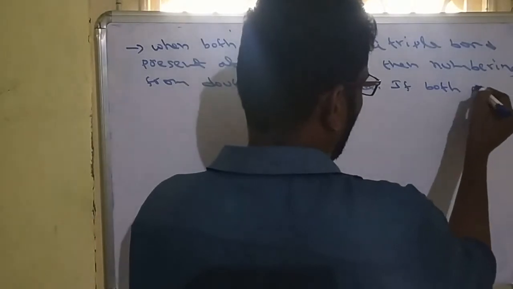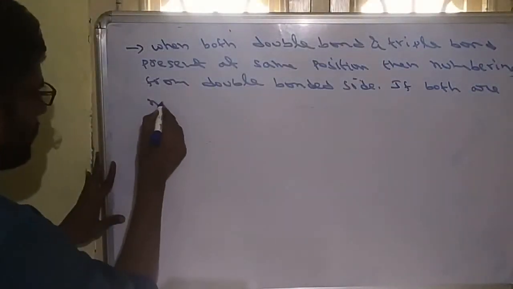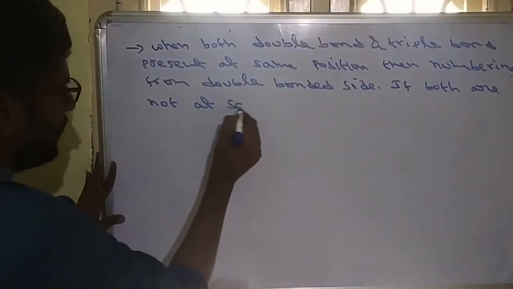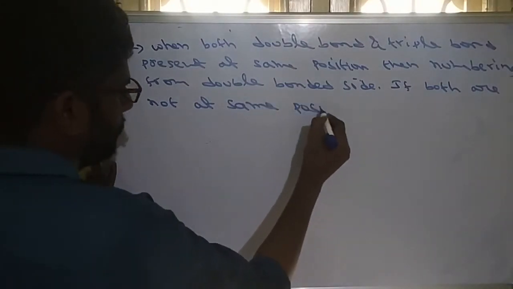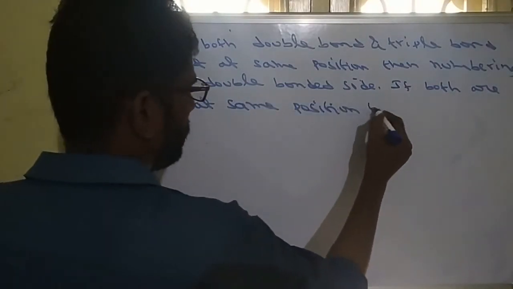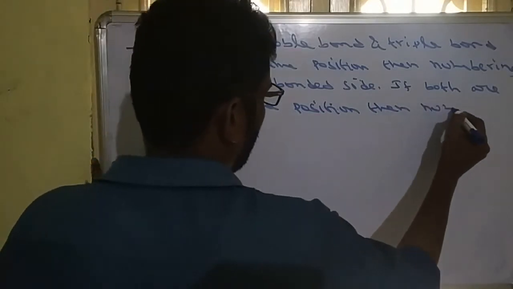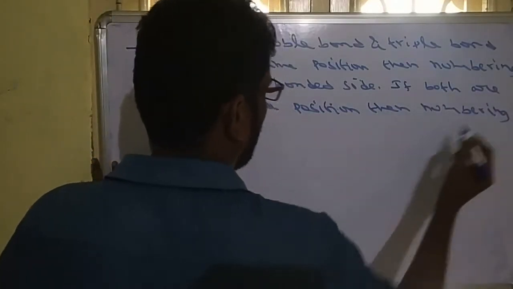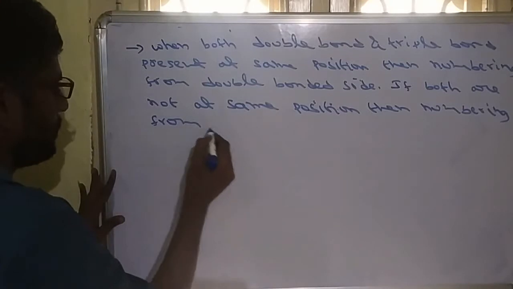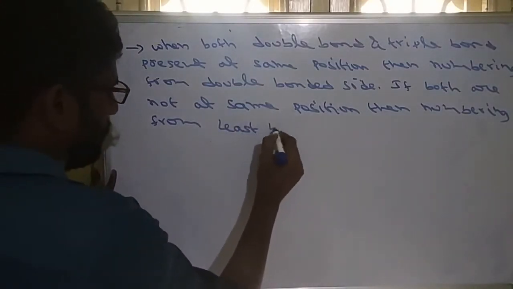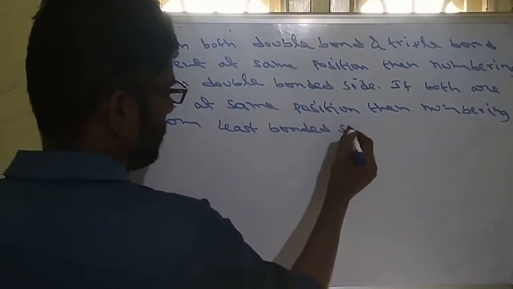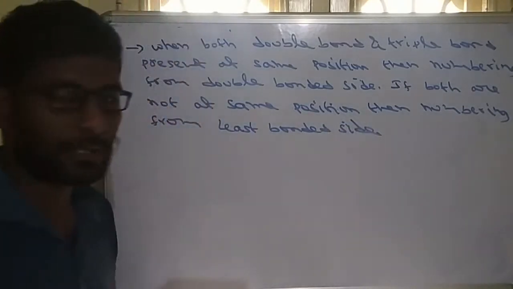If both are not at same position, then numbering from least bonded side. So this is one exception.